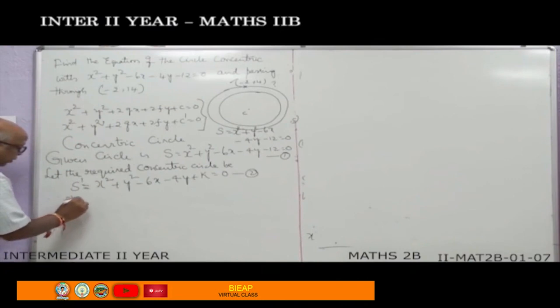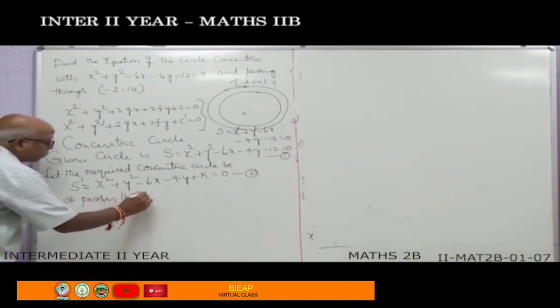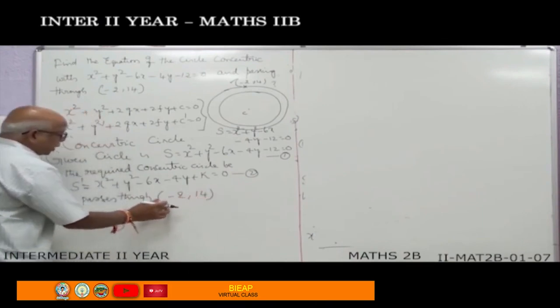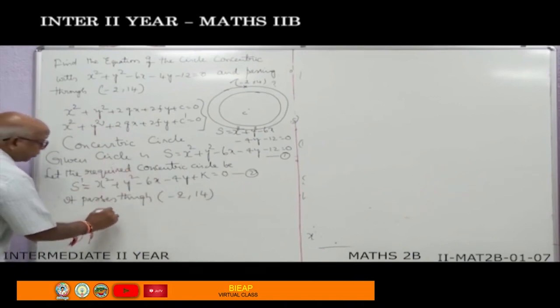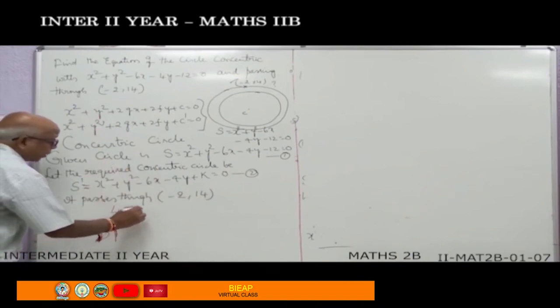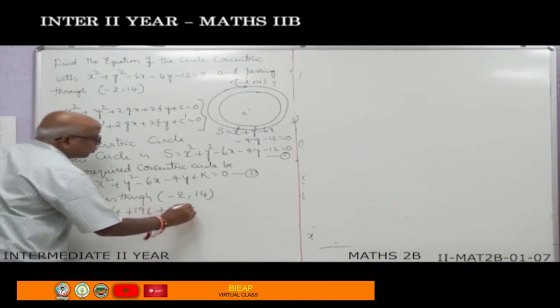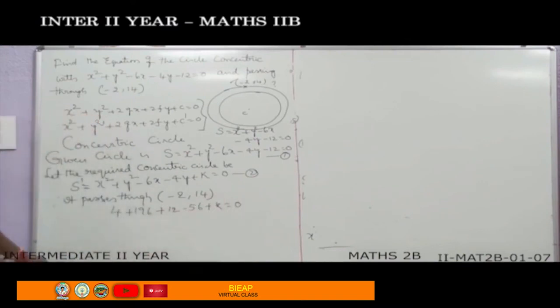Since it passes through minus 2, 14, put x equal to minus 2, y equal to 14. This is 4 plus 196 plus 12 minus 56 plus k equal to 0.